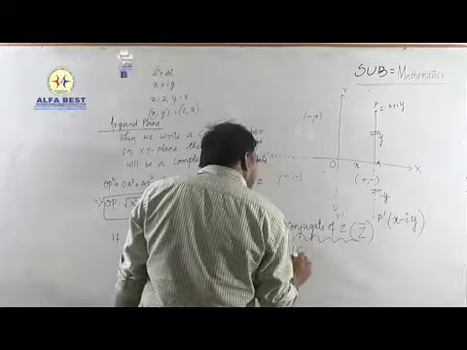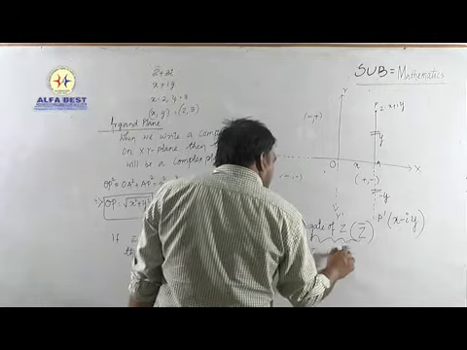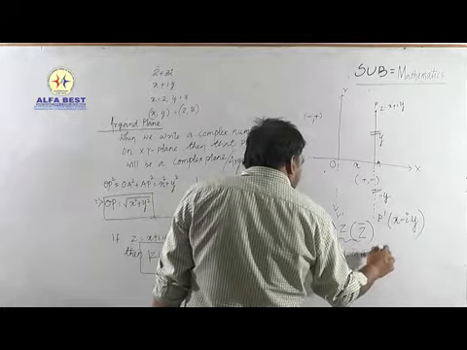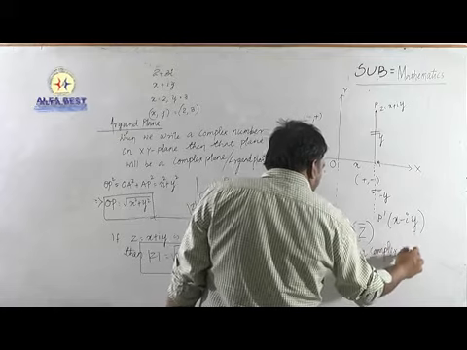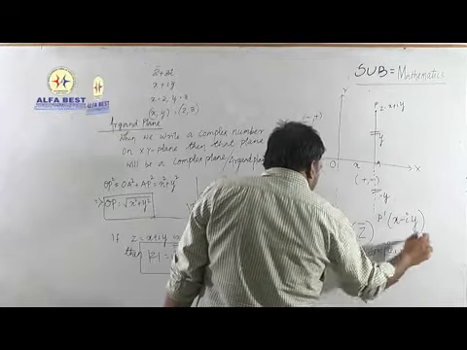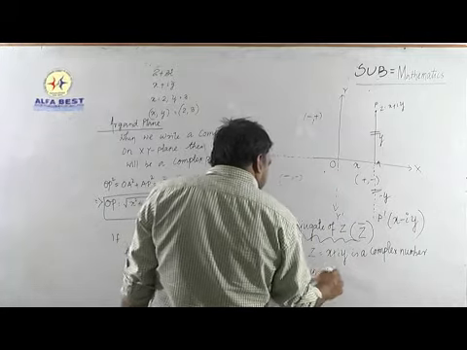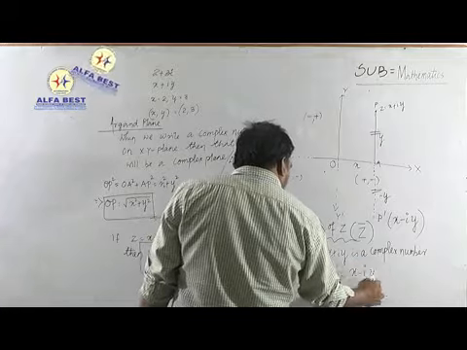So if z is equal to x plus iy is a complex number, then z conjugate is x minus iy.